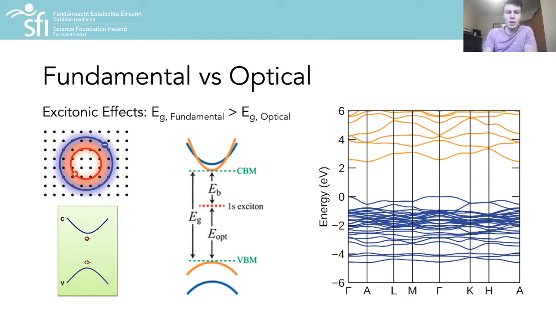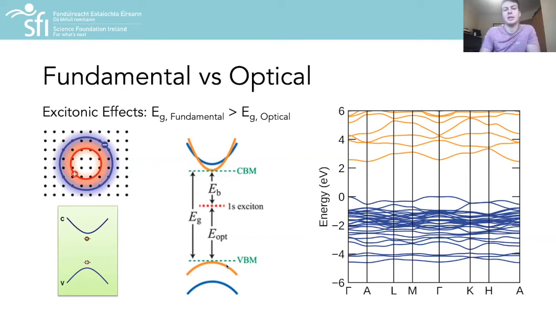These can actually give you a different energy gap to the actual fundamental gap in the material. We're defining our fundamental gap as the difference in energy between the CBM and the VBM.